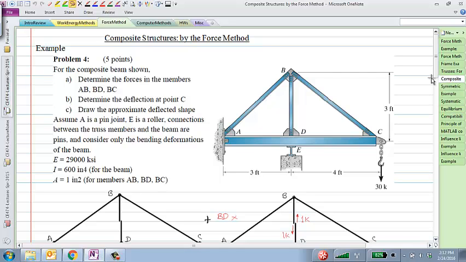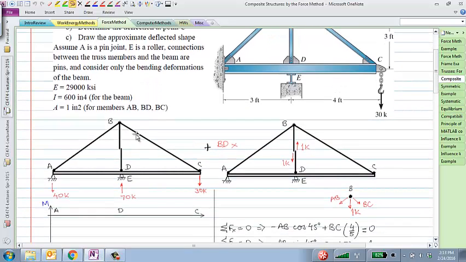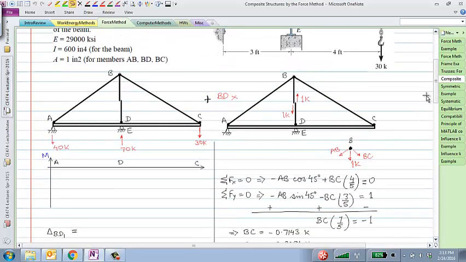So in this particular case, this would be my underlying determinate structure where I've cut the member BD and I apply the actual load, 30 kips. I can find the reactions easily just by equilibrium, 40 kips, 70 kips. And I can draw the bending moment diagram of this entire structure.